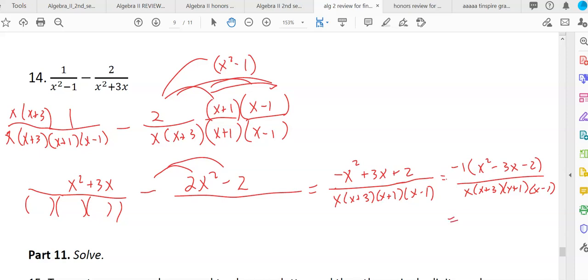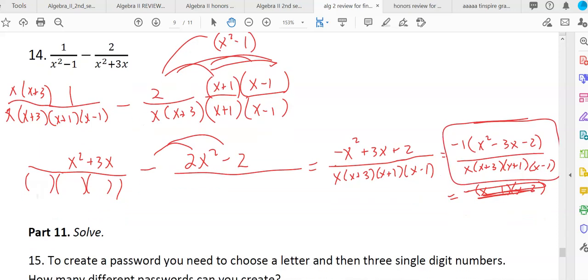So we get negative times, this is going to factor, I think. Let's try anyway. So it'd have to be 2 and 1. And does it factor? I don't think it does. Okay, so we're done.